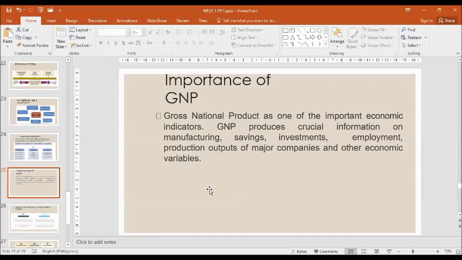The gross national product, or GNP, is one of the important economic indicators because it produces crucial information on manufacturing, savings, investment, employment, production outputs of major companies, and other economic variables.